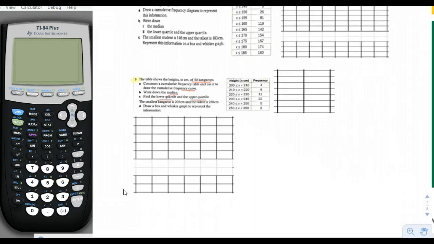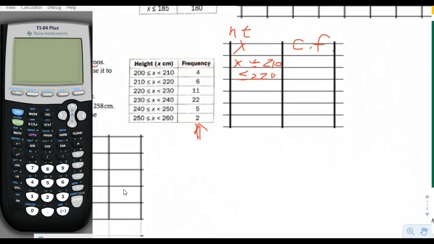The first thing you need is a cumulative frequency table, because you notice that this is not a cumulative frequency table. In a cumulative frequency table, the frequencies gradually go up because it's always increasing. So here we have the height x. First, x is less than or equal to 210, then less than or equal to 220, 230, 240, 250, 260.